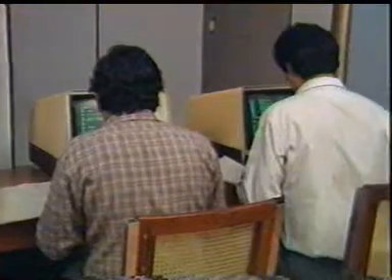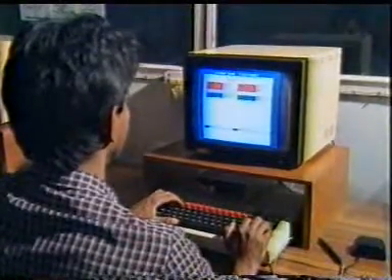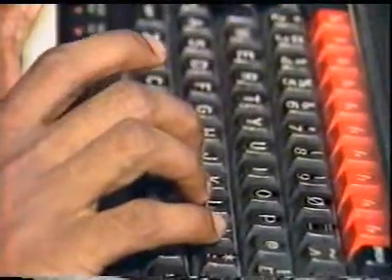processes a vast amount of data. To process this data, it requires a memory so that it can remember all the data.